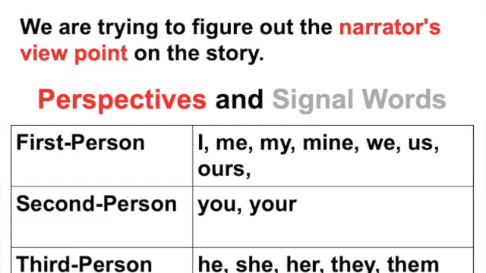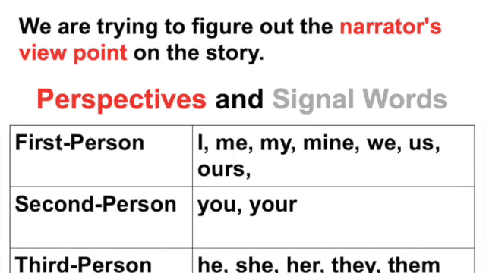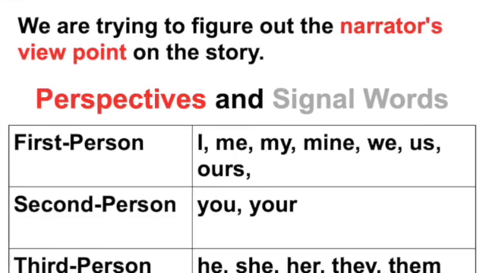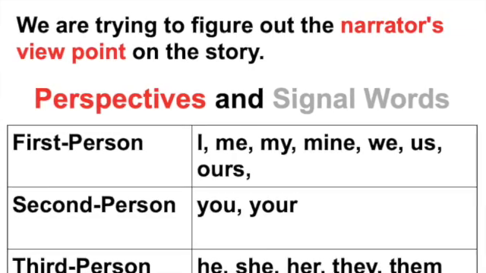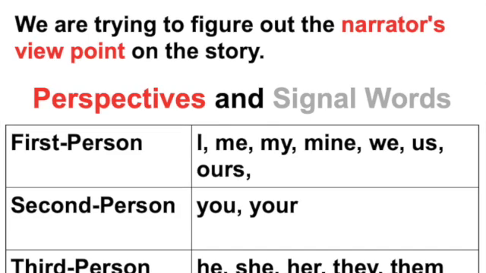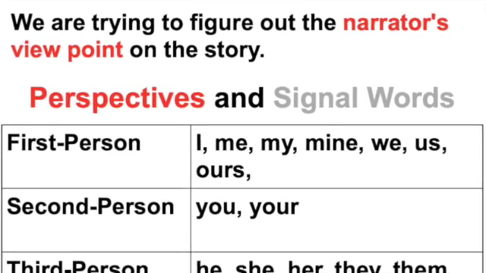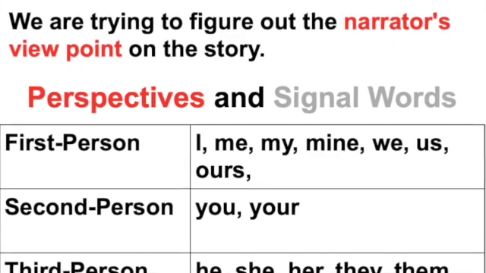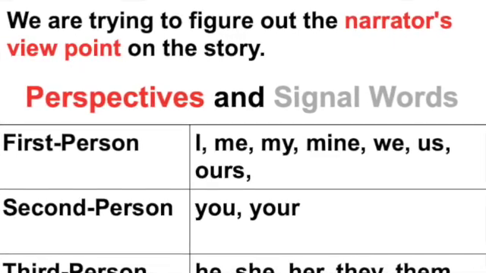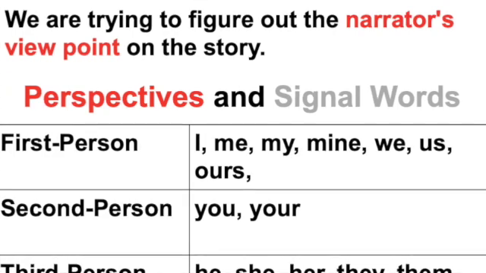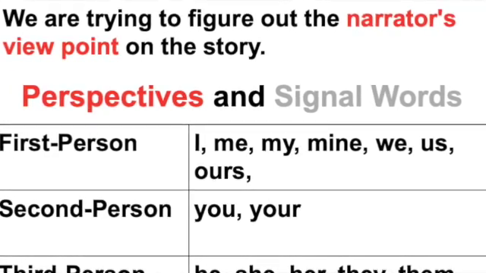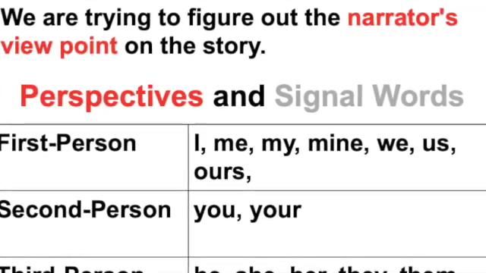Now, I know we've gone over this before, but here are some examples of the pronouns you will find that will help you with the point of view. When we're trying to find the narrator's point of view, there are some pronouns that can help us. For instance, first person: we might see I, me, my, mine, we, us, ours.